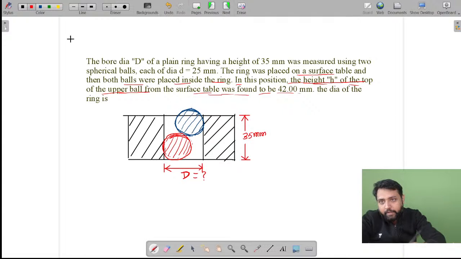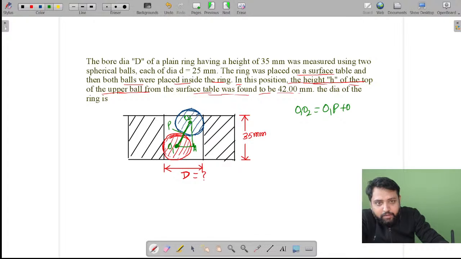If you look at this, this is the center here. If you join the centers, let us say O1, O2, and here let us say this is A. So O1O2 will be equal to, let us say if this point is P, then O1P plus O2P, and O1P, O2P are their radii.